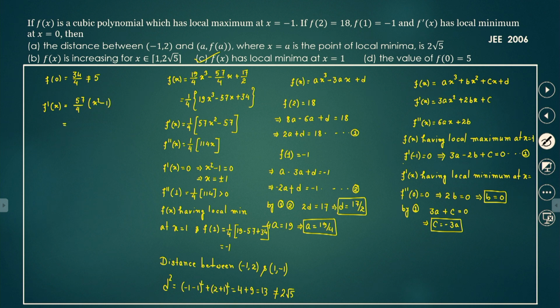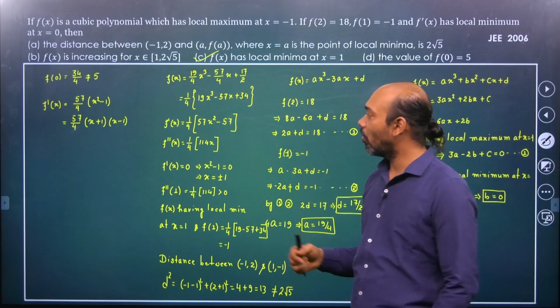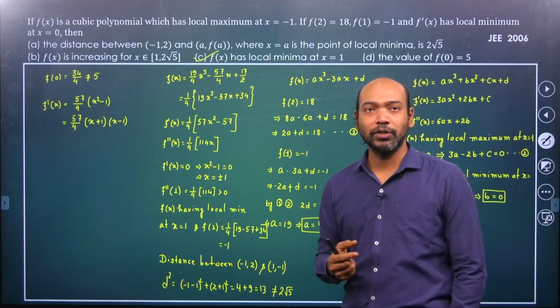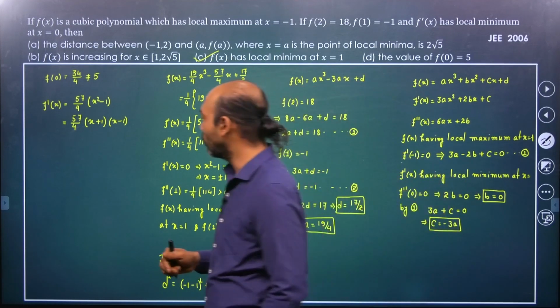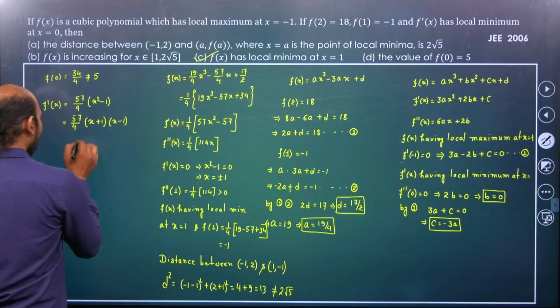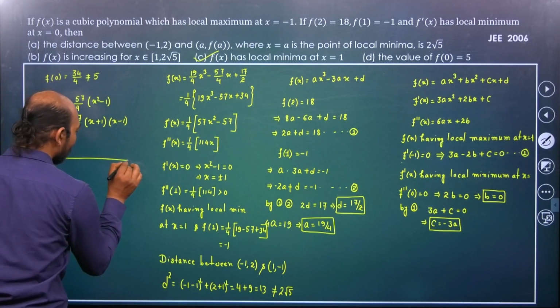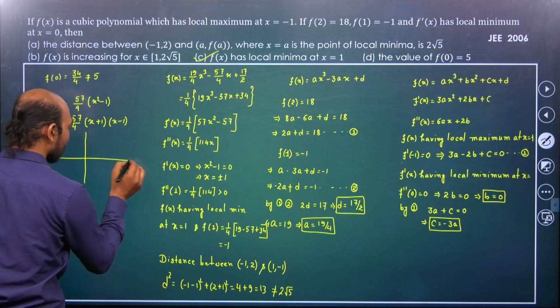So this can be written as 57 divided by 4, and if I factorize, we get x plus 1 and x minus 1. Okay, that's it. Now if I am trying to find the plot of this function, it is generally easy to check the roots, right? So let's go ahead and plot f dash x.